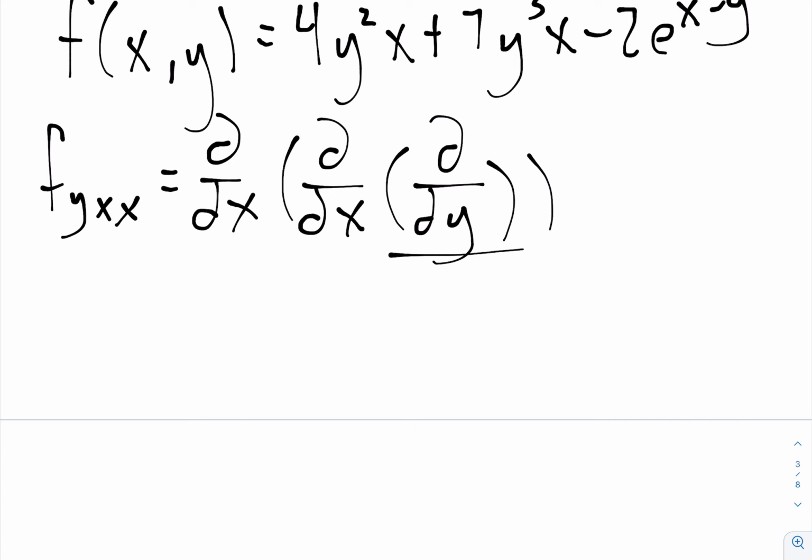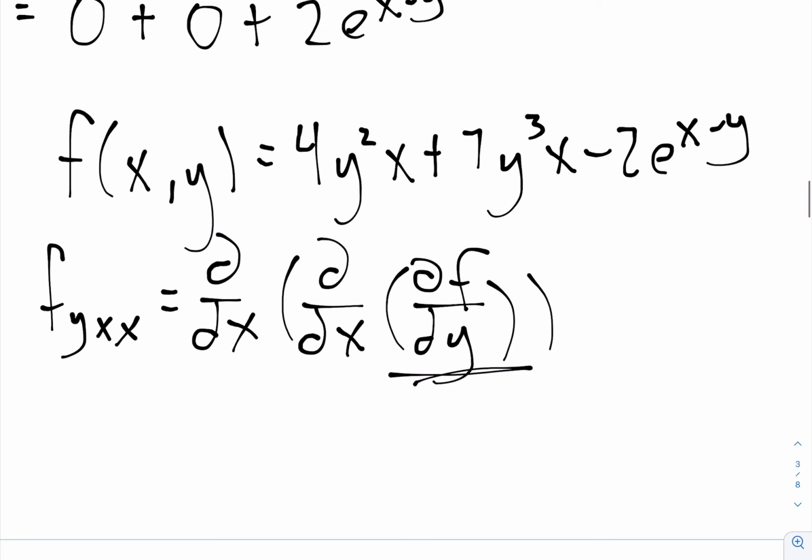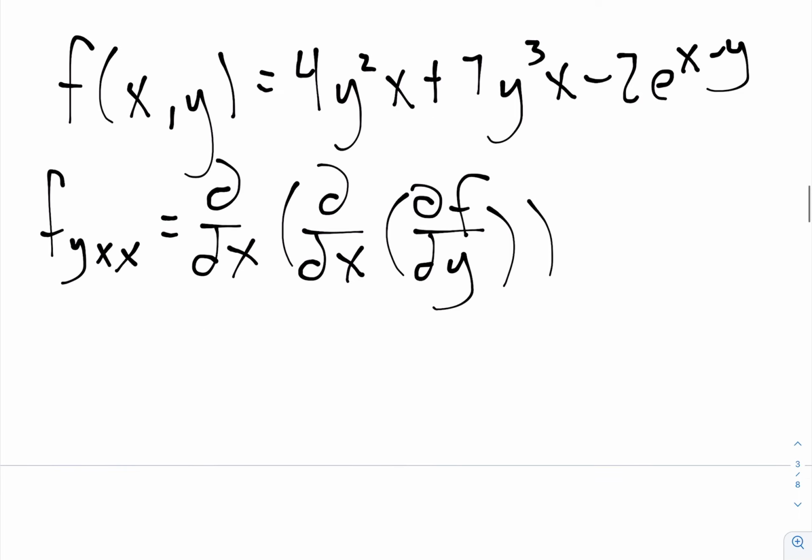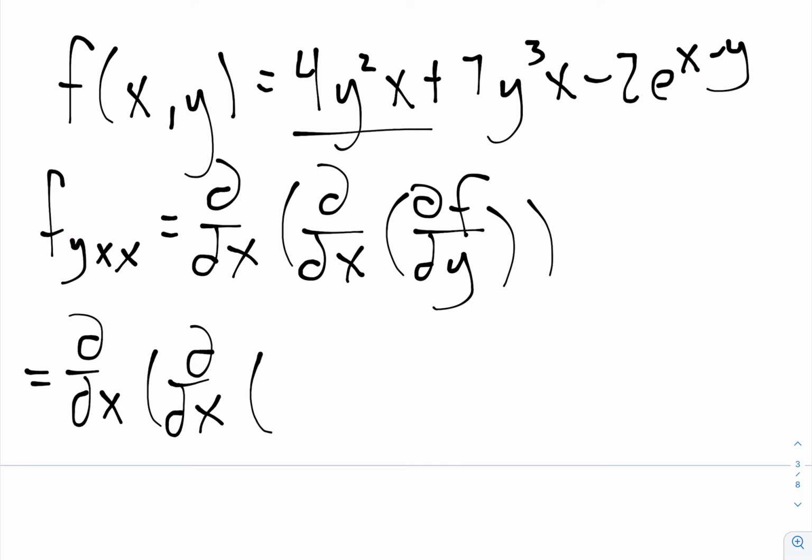Okay, so the first thing we have to find is partial f by partial y. So y is our variable. That means that we're going to have to treat everything else that's not a y as constant. So there's a y squared in here, and then there's a 4x sandwiching it.